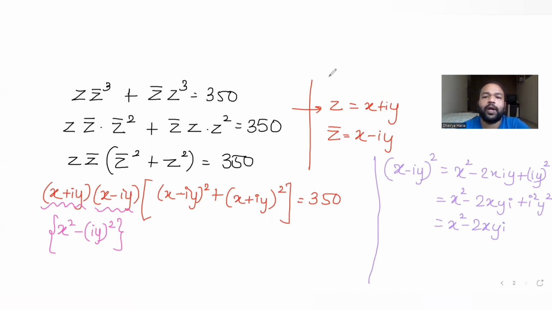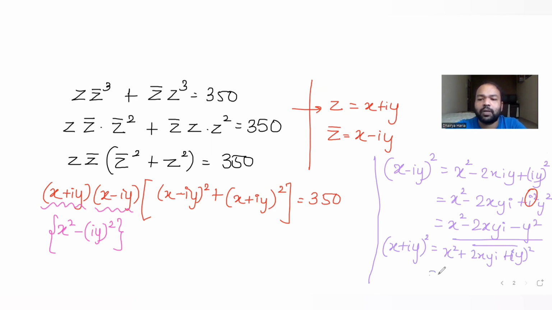We already know that the square of the imaginary number i makes it minus 1, so that makes it minus y square. So this is the expansion. If I write the expansion of the other in the same way, I get x square plus 2xyi plus i square y square. Again i square is minus 1, so it should be minus y square.